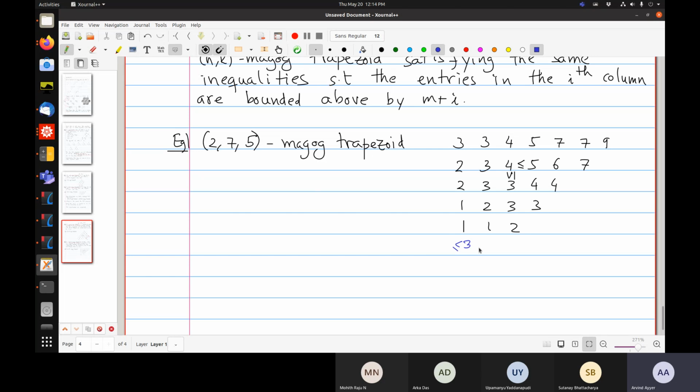So this is 3, less than or equal to 4, less than or equal to 5, etc. Less than 6, 7, 8, 9. So these entries saturate this inequality. This is less than or equal to 7, like so. Okay. Any questions so far?